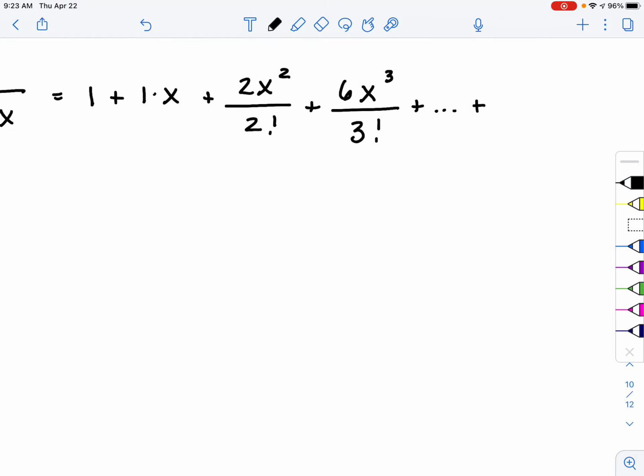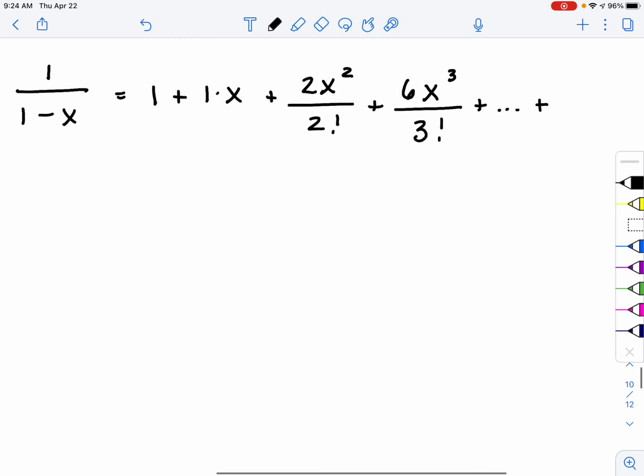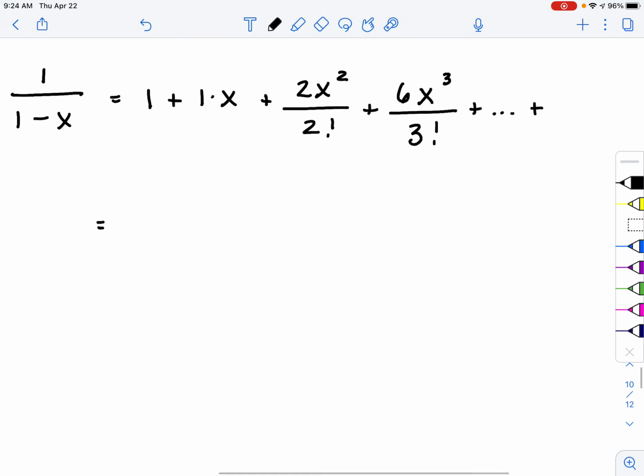Putting the general term together might be hard if we don't simplify first, because how are you going to figure out that number in front if you're not sure what's happening? So if we simplify this, we get 1 plus x plus, so 2 factorial is equal to 2, and 3 factorial is equal to 6.